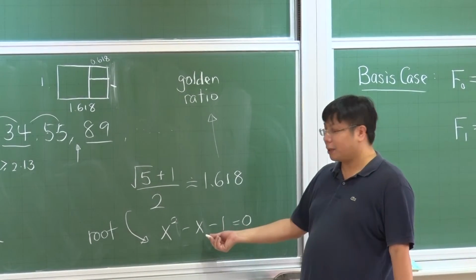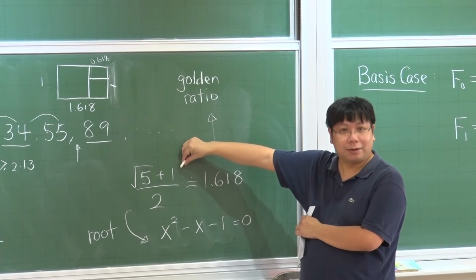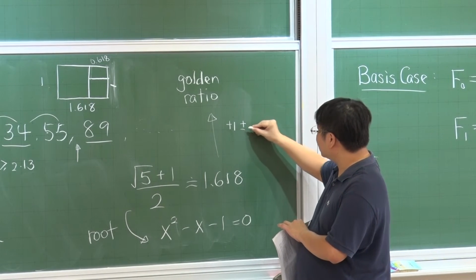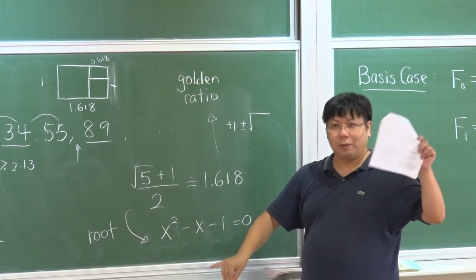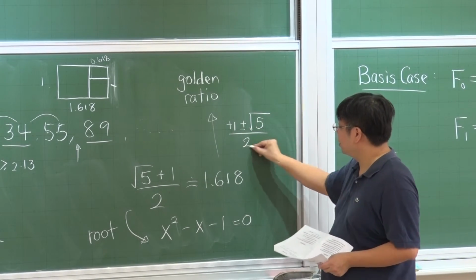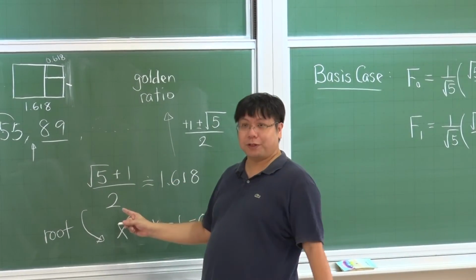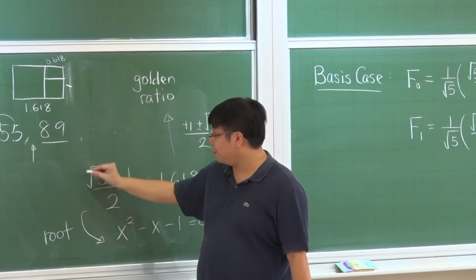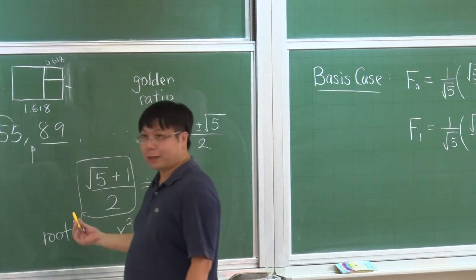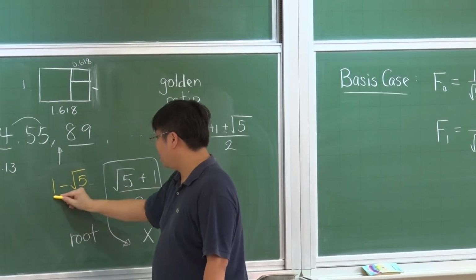Let's check. What are the roots of this quadratic equation? It is plus 1 plus or minus the square root of 1 minus 4ac, so it is 5, divided by 2. So square root 5 plus 1 over 2 is one root, and there is another root, exactly the one that we are writing over there, 1 minus square root 5 over 2.